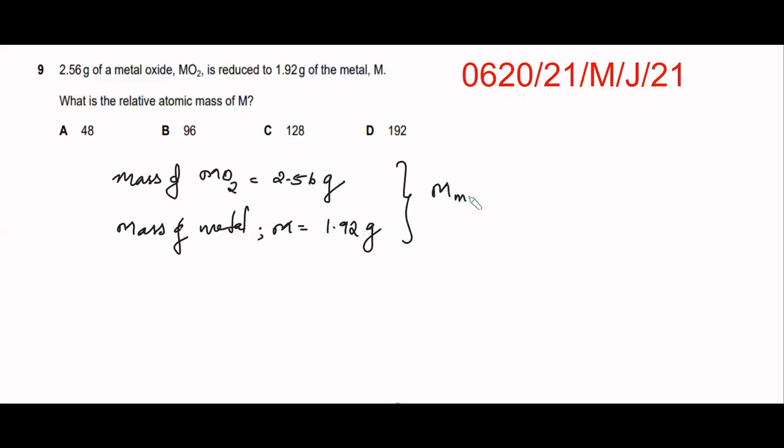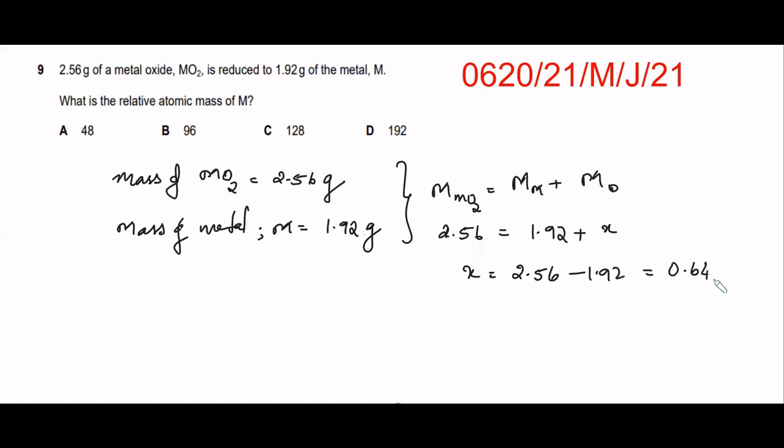Mass of metal oxide is equal to mass of the metal plus mass of oxygen. So 2.56 is equal to 1.92 plus x. I don't know how much it is. So when I'm solving, I'll get it as 2.56 minus 1.92, which is equal to 0.64 grams of oxygen.